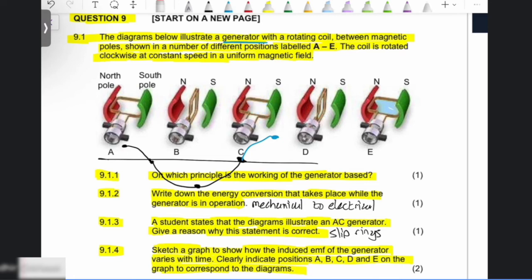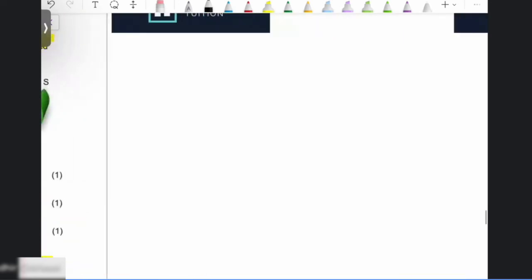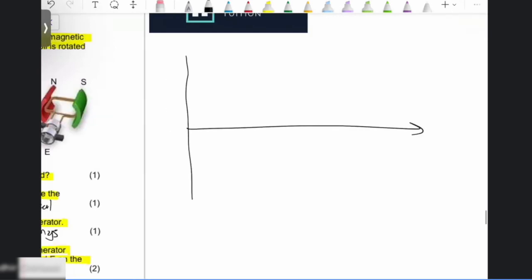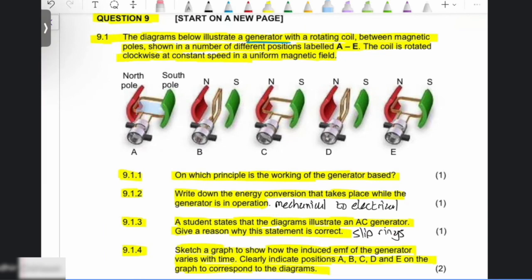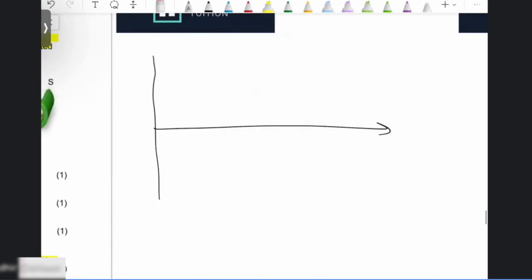So to draw this out nicely for ourselves, let's go and do this. Basically, we start off with it being like this. And remember, starting off like this would mean that it's at a maximum, either at the top or at the bottom, but most of the time at the top. Then it goes down, there, and there.